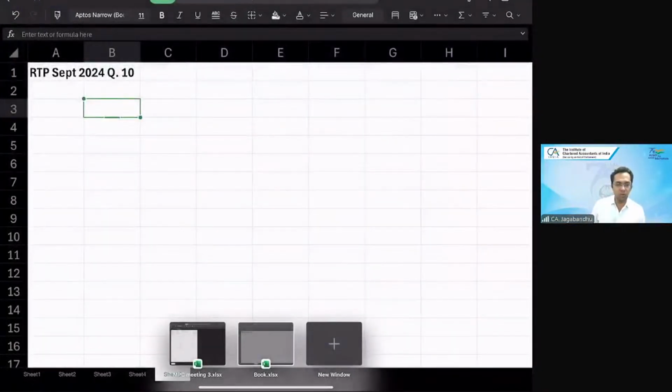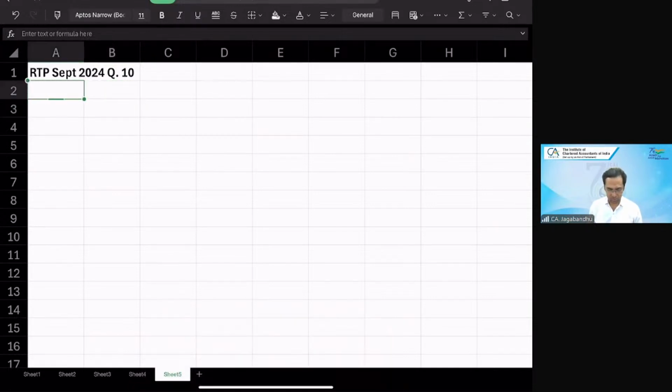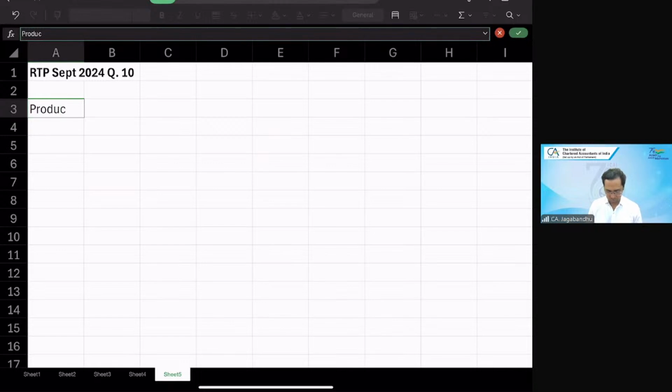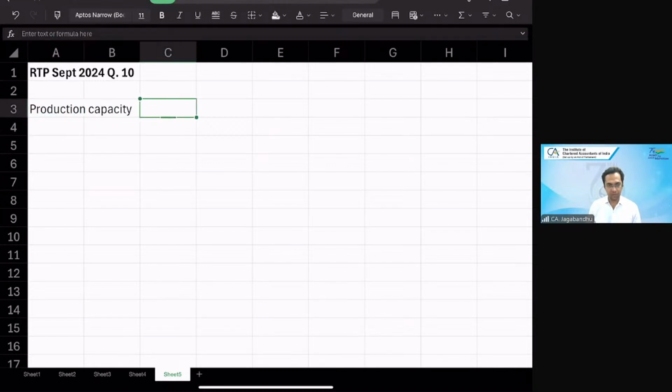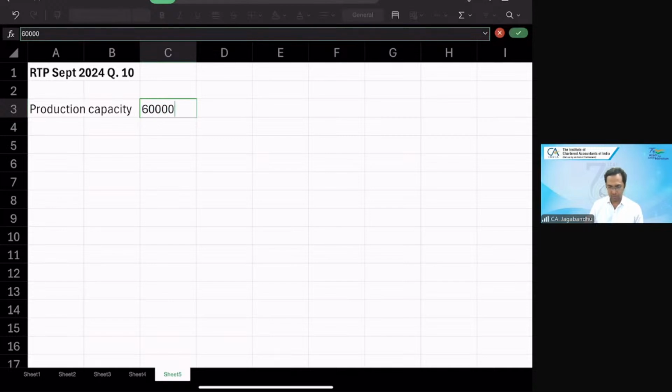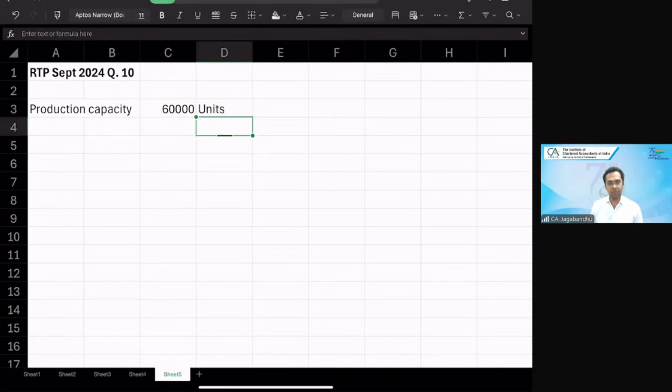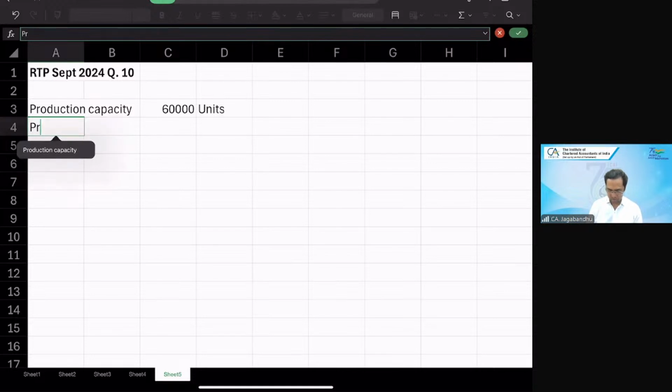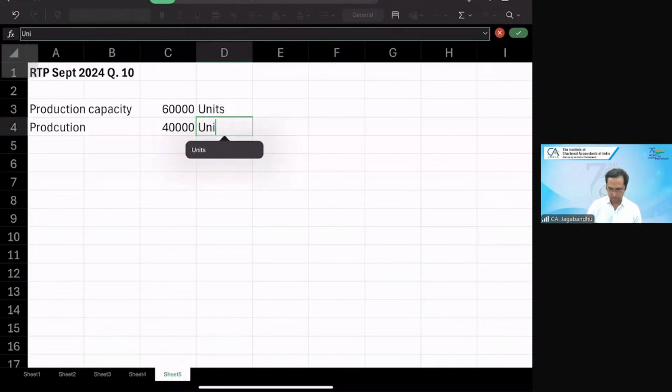So the quantity of units that we are going to sell. Annual production capacity is 60,000. So we know that our production capacity is 60,000 units. But how much are we going to produce? So our production is 40,000 units.